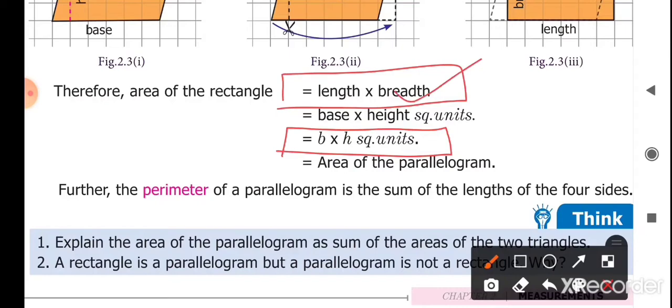Here it is base into height. Its unit is square units.